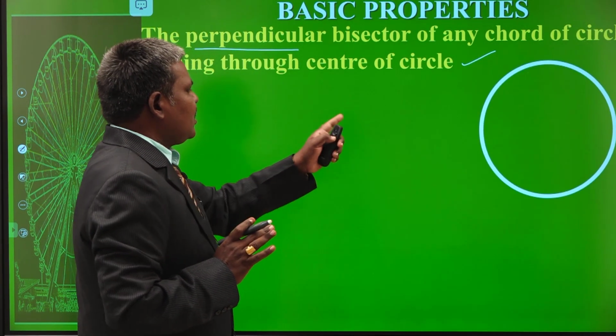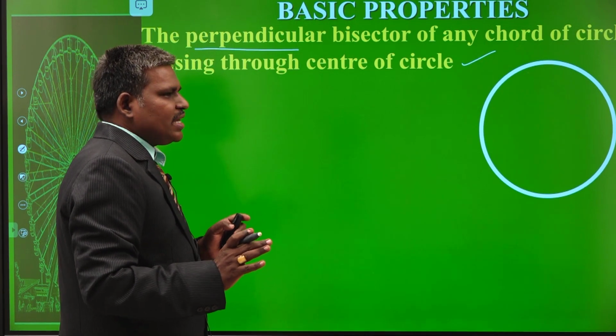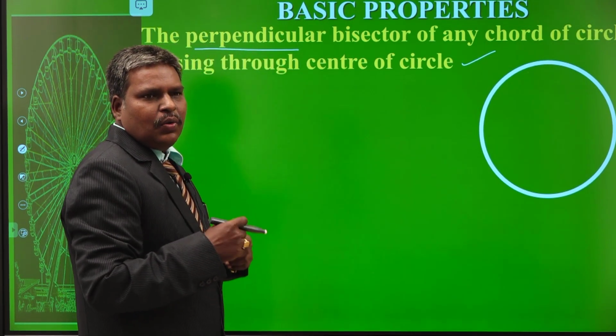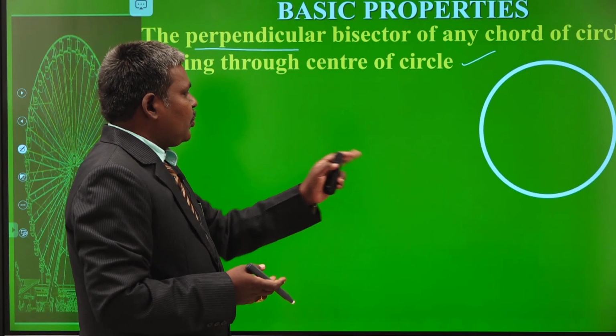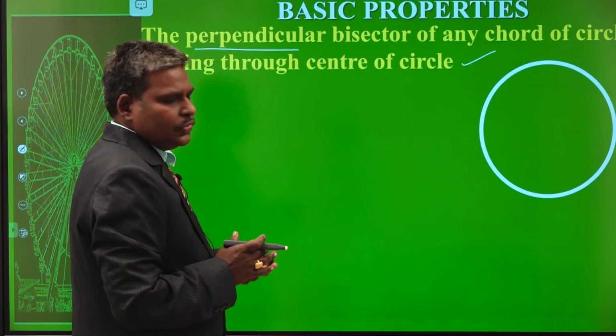So this is the circle. What you are going to prove is that the perpendicular bisector of any chord of the circle always passes through the center of the circle. What is a chord? A line segment joining any 2 points on the circle is called a chord.